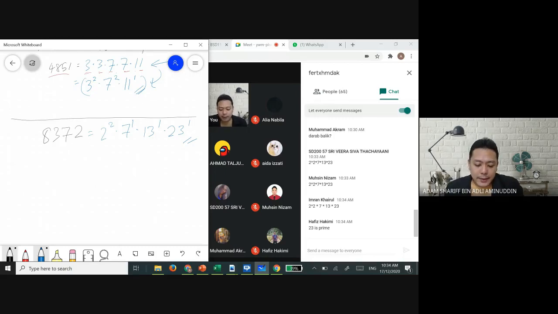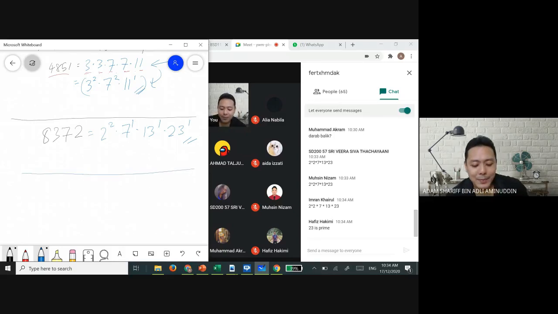Okay, satu minit. And then I will address some of the common challenge when students are trying to do prime factorization. Bila dah sampai ke tahap ni, dia dah mahir, and then for example, like Hafiz said, 23 is prime.